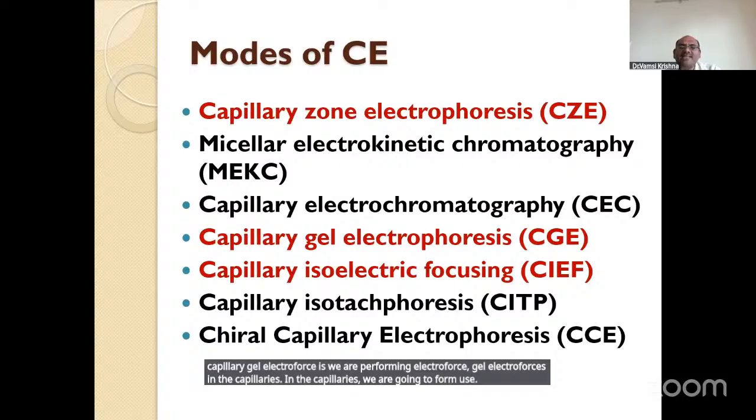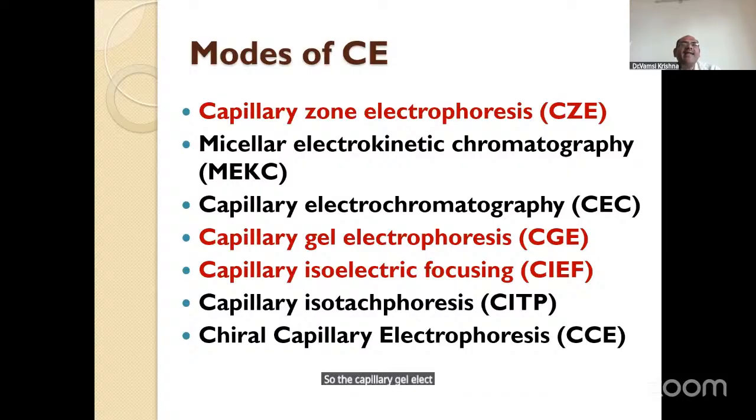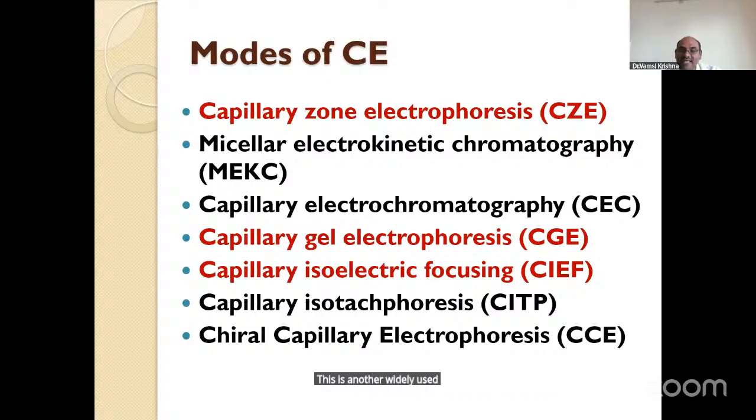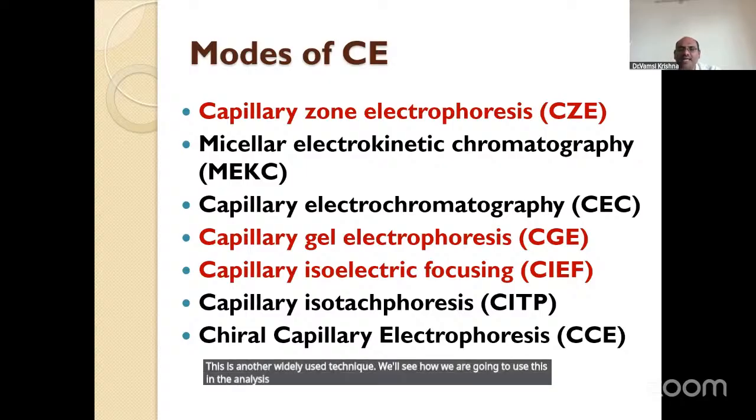Capillary gel electrophoresis is very widely used in biopharmaceutical analysis, like proteins, peptides, monoclonal antibodies, or oligonucleotides. We will see how we use this in the analysis of biopharmaceuticals like monoclonal antibodies.